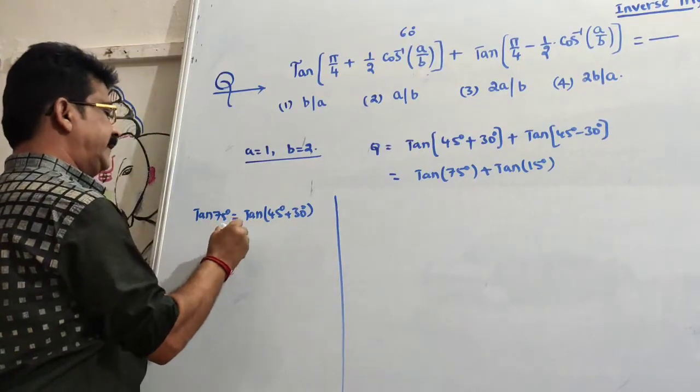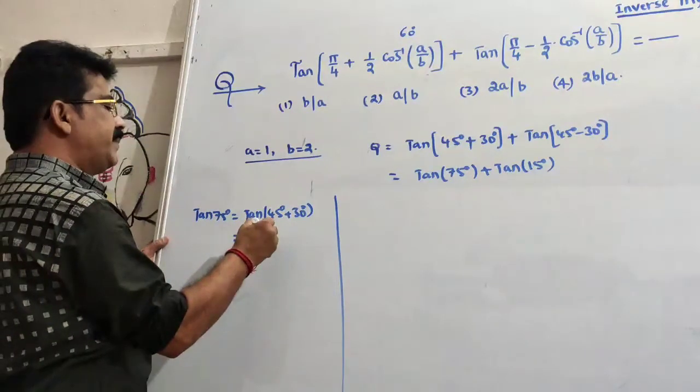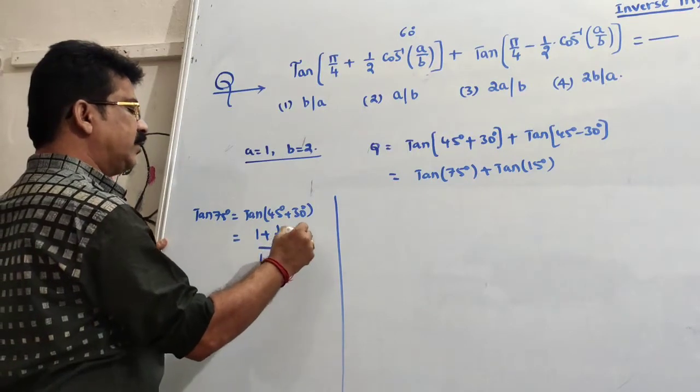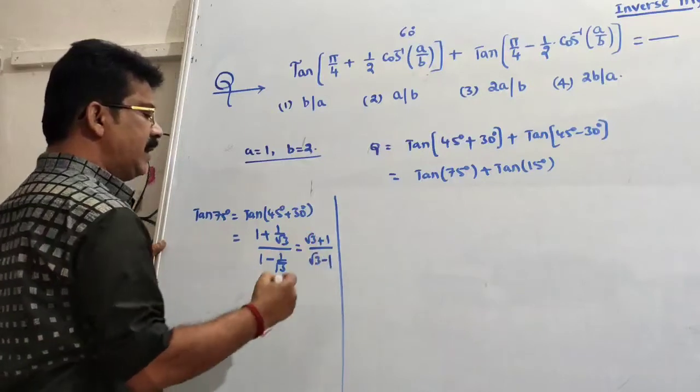So that is equal to the tan a plus b formula. Tan a plus tan b means 1 by root 3 divided by 1 minus 1 by root 3. So this is nothing but root 3 plus 1 divided by root 3 minus 1.